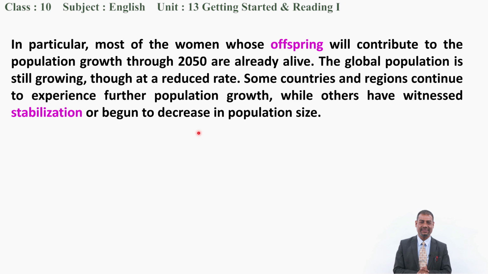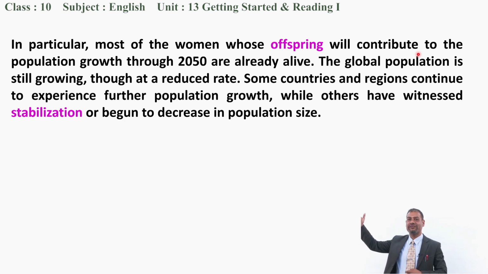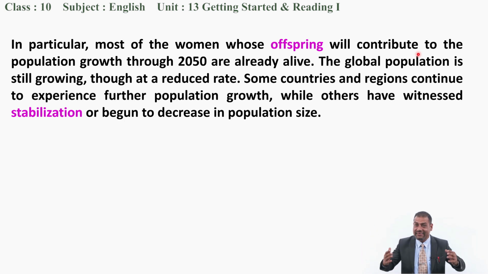So what do you find here? Most women whose offspring will contribute to the population growth. It means that if there are babies now, they will be mothers and fathers in the future, and at that time they will contribute to births. They will deliver children again, and that will also help to increase population through 2050, because in this text we are learning the estimation of population up to 2050.